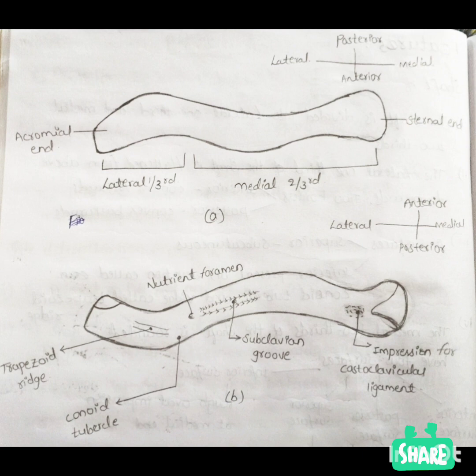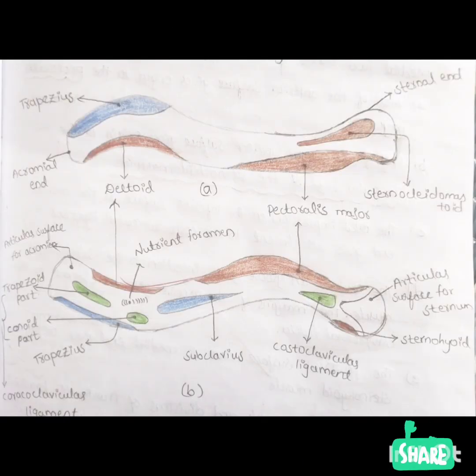At the lateral end, the margin of the articular surface for the acromial joint gives attachment to the joint capsule. At the medial end, the margin of articular surface for sternum gives attachment to fibrous capsule for sternoclavicular joint and articular disc posterosuperiorly and interclavicular ligament superiorly. These attachments are clear in the figures.